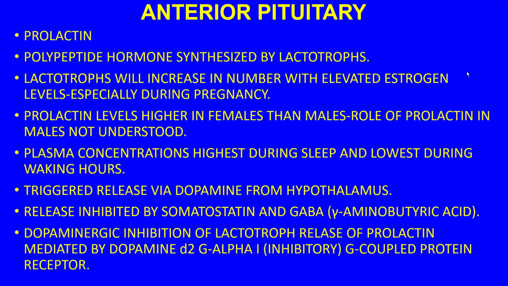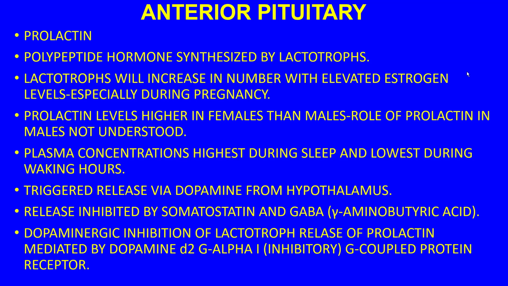It's interesting to note that prolactin's release is triggered by dopamine from the hypothalamus. The release is inhibited by somatostatin and by another neurotransmitter called GABA, which is gamma-aminobutyric acid.